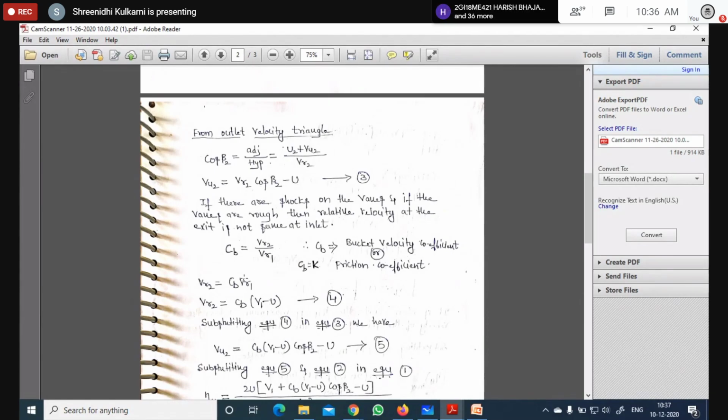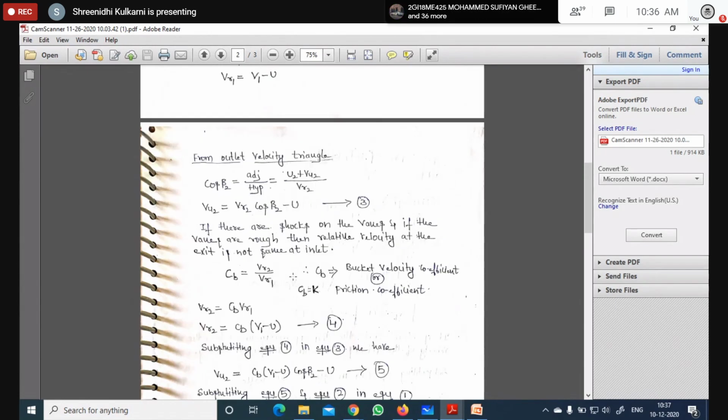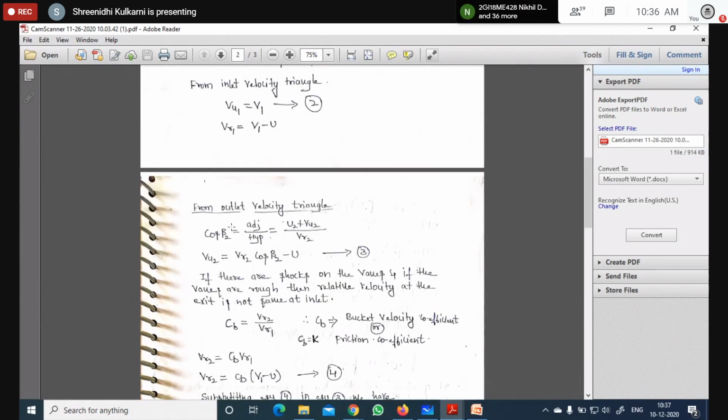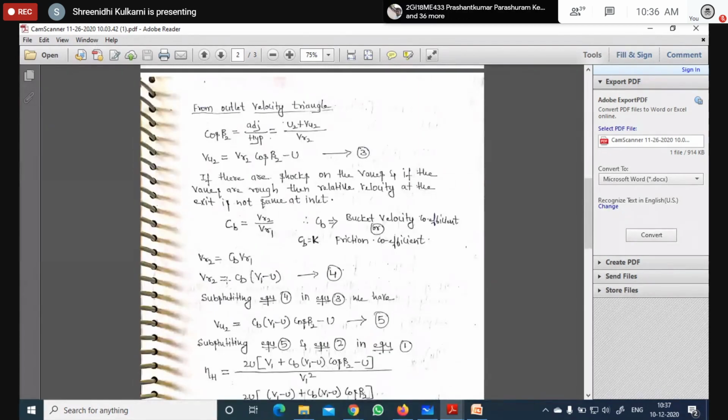Then what is VR1 from the inlet velocity triangle? See here, VR1 equals V1 minus U. So we can substitute VR1 here, and VR2 equals CB into (V1 minus U).